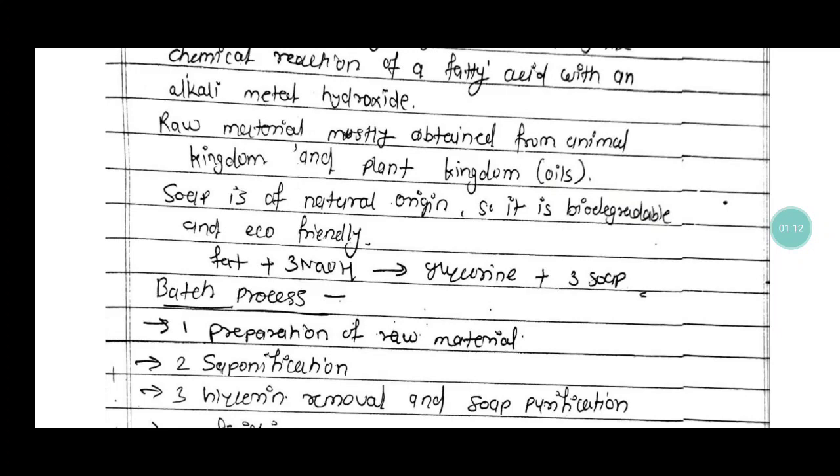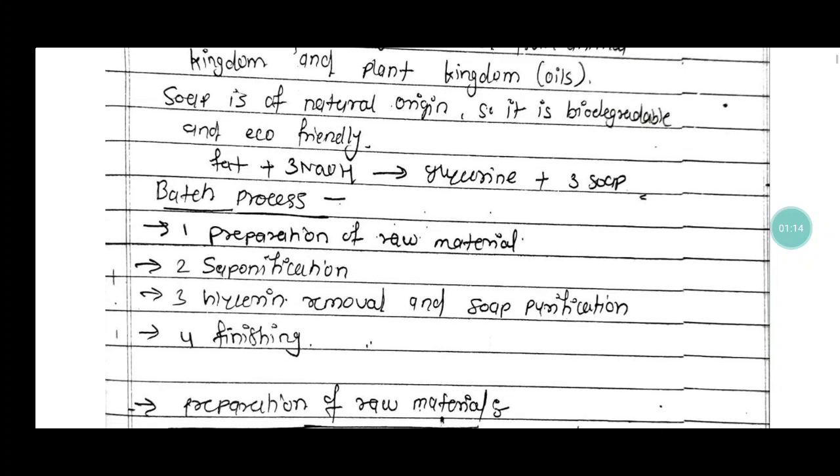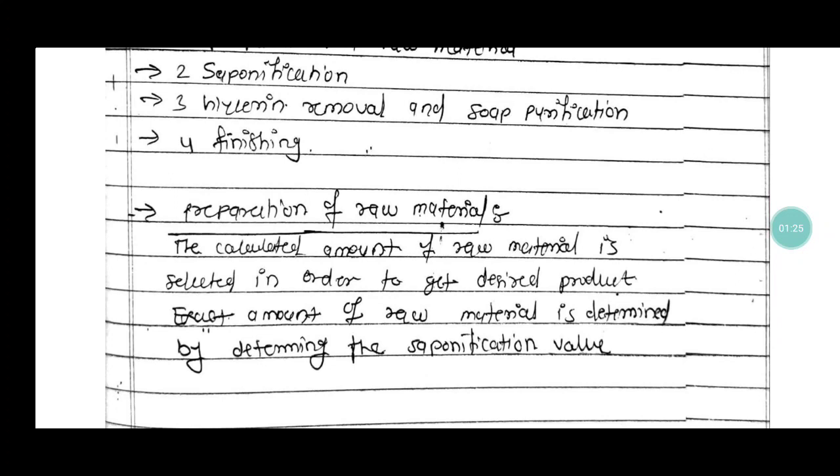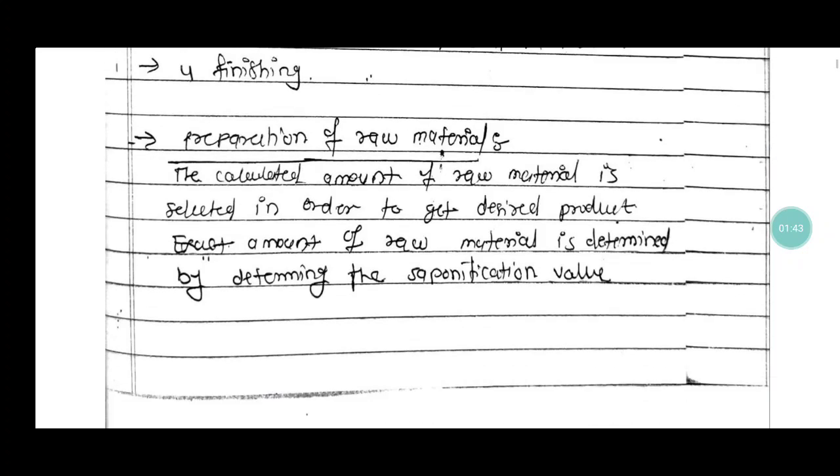The batch process for soap is: preparation of raw material, saponification, glycerin removal and soap purification, and lastly finishing. In the preparation of raw material, the amount of raw material is calculated in order to get the desired product. The exact amount of raw material is determined by the saponification value.